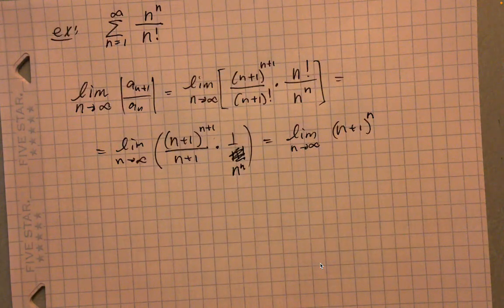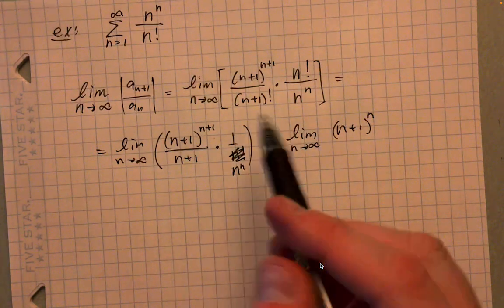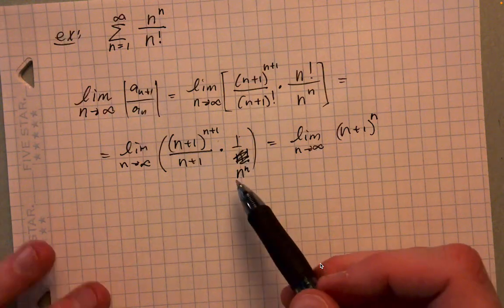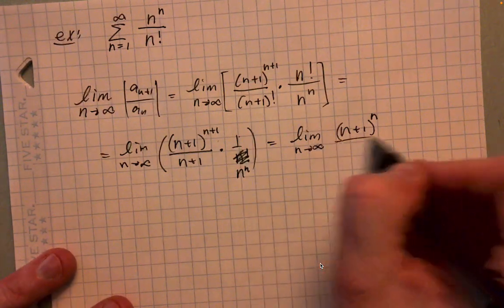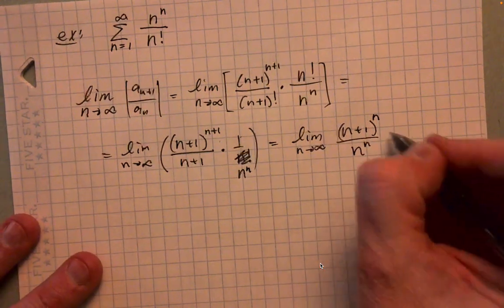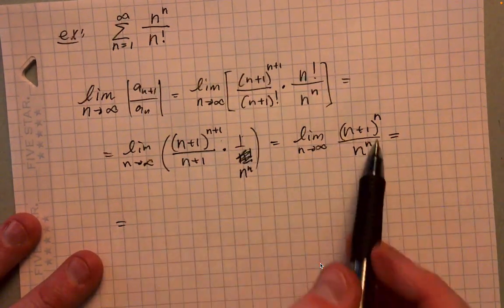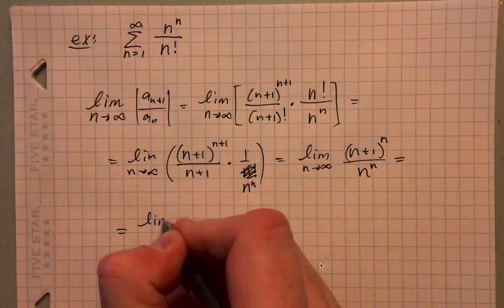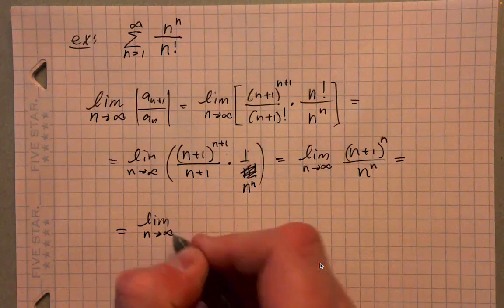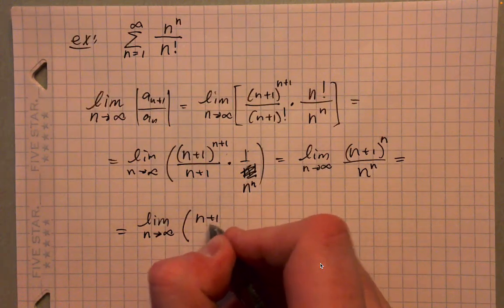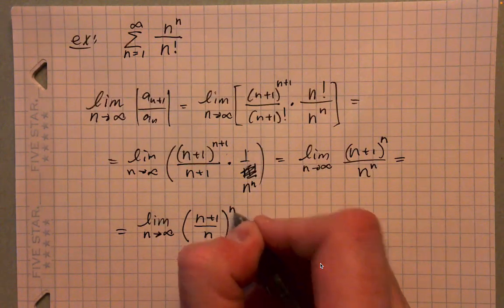Sorry about that. Yeah, the n factorial was in the top, right? So this should be n to the n down here. And so this will be over n to the nth power. Okay, and since everything is exponentiated with an n, we can rewrite this again as the limit as n goes to infinity of n plus 1 over n, raised to the nth power.